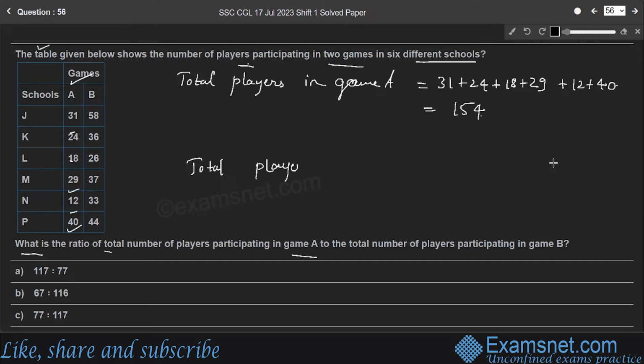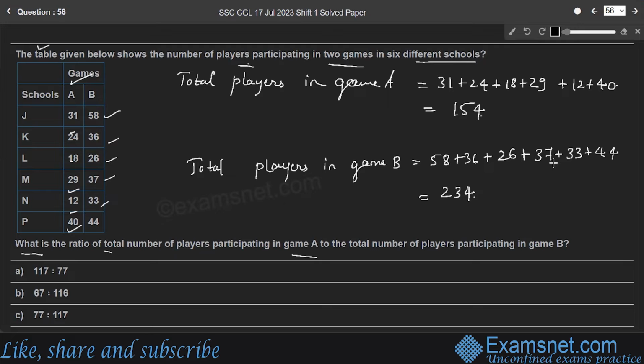Whereas for the total players in game B, add all these values: 58 plus 36 plus 26 plus 37 plus 33 plus 44. So you'll get 234, the total number of players in game B. So we require the ratio of 154 to 234.